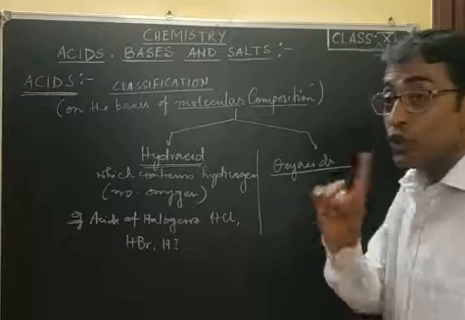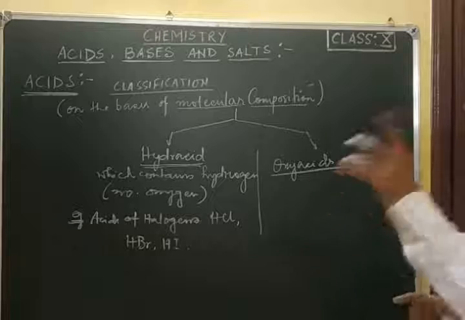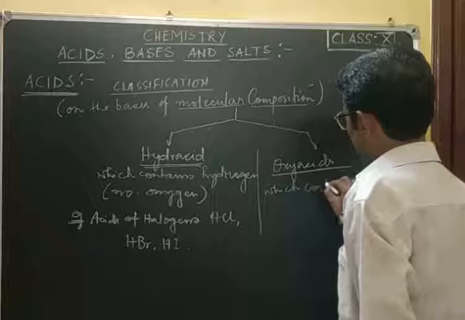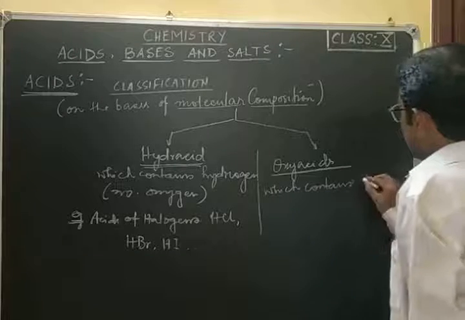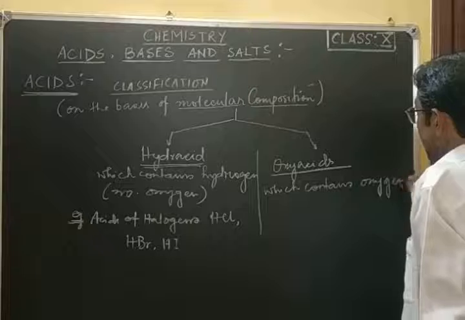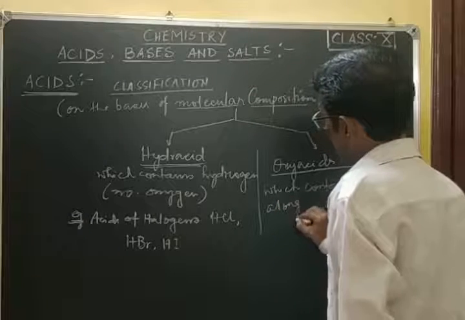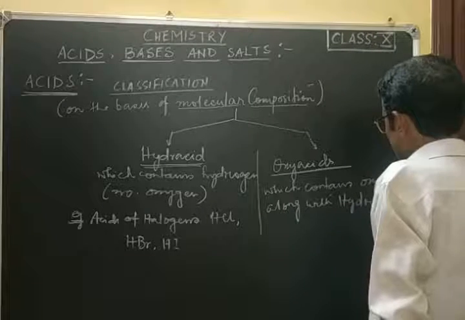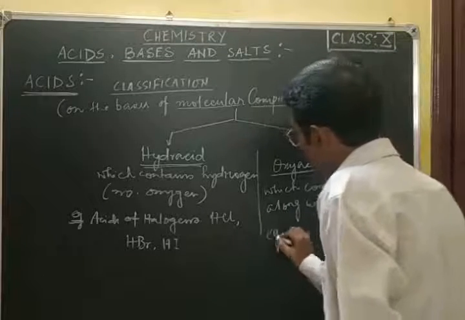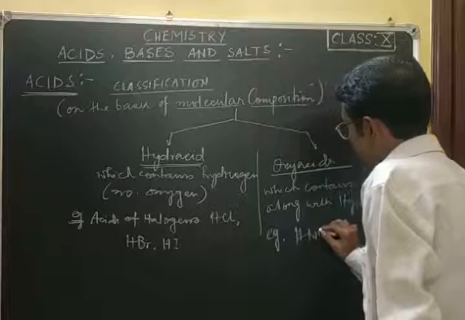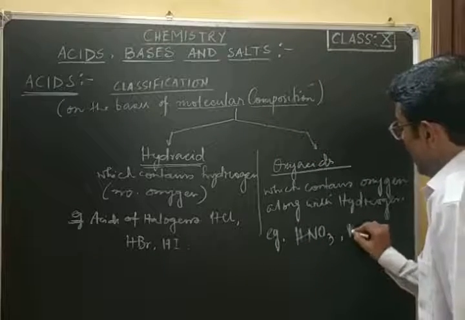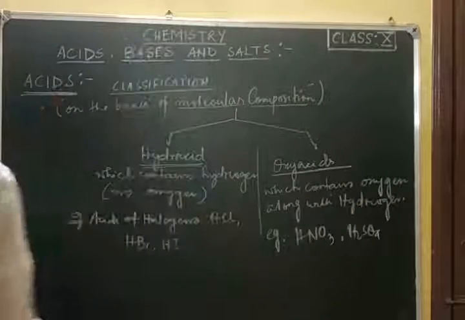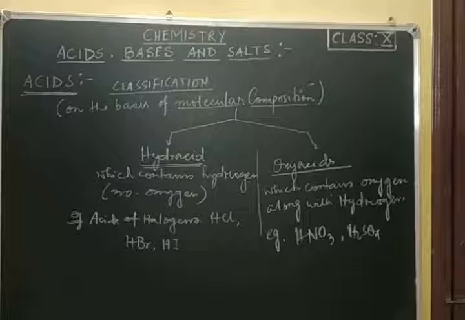The acids which contain oxygen along with hydrogen. Remember this one, hydrogen. So what are the examples? Many examples are there. Say nitric acid, HNO3, H2SO4, that is sulfuric acid, all are examples of oxyacids.